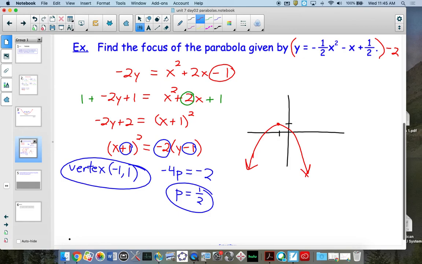And we know that p is equal to 1/2. And so the distance from the focus to the vertex is p. That distance would be 1/2, and that's what p equals, so that's where my focus is. So the focus, which is what they asked us for in the problem, is going to be at (-1, 1/2).